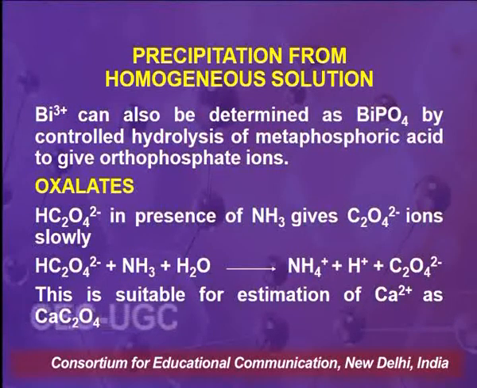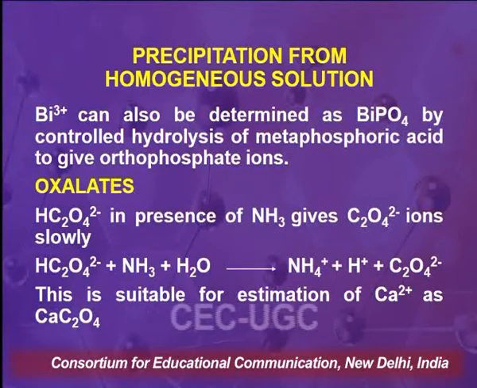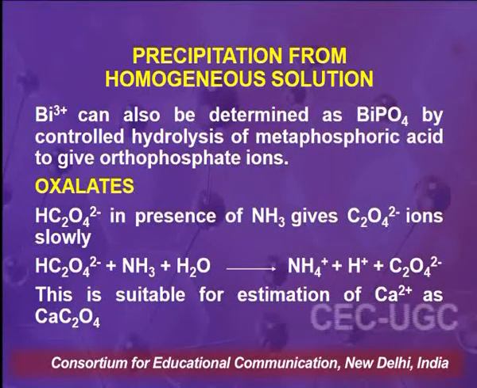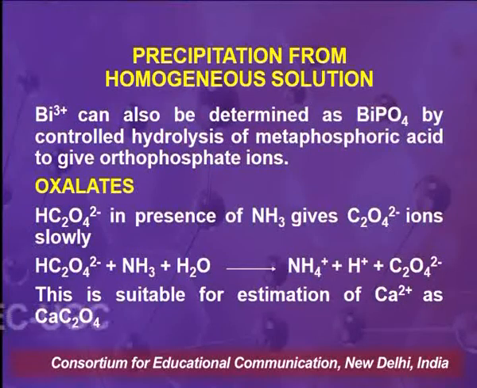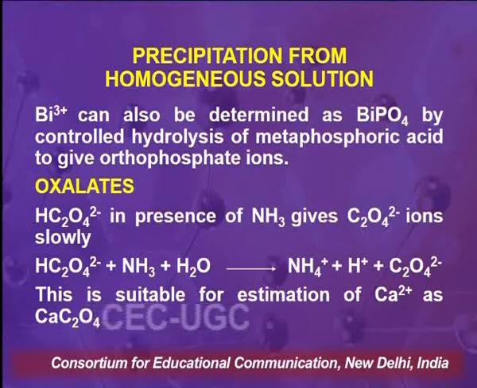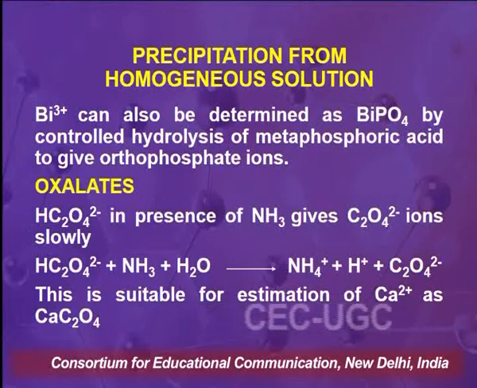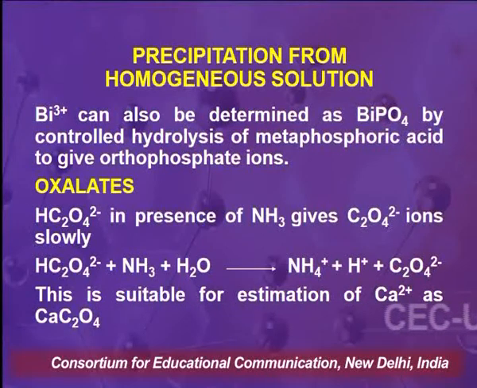So the precipitation is slow, and that is good in the sense that the precipitate size is large and dense, that is, the quality of the precipitate formed is very good and can be weighed easily.